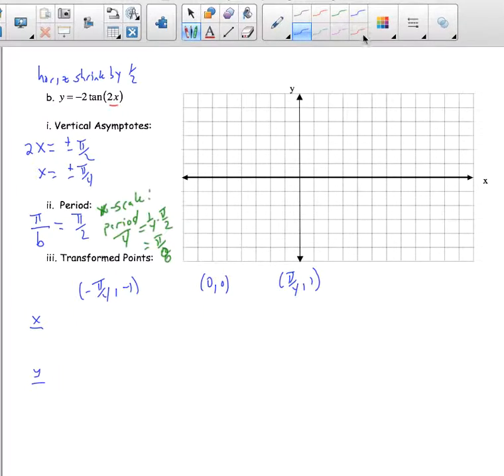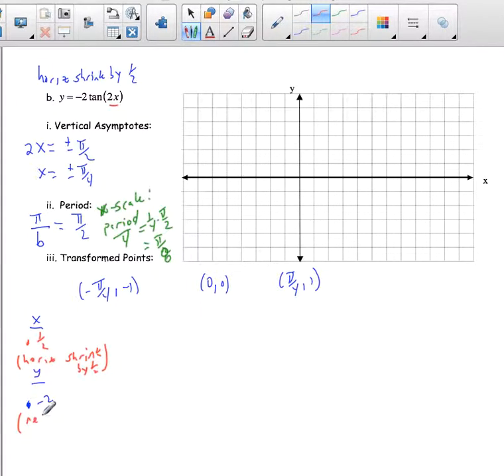And let's see what's happening to x values. X values are going to be multiplied by 1/2. And if we think about transformations, this is a horizontal shrink by 1/2. And y values are going to be multiplied by -2. And we have two transformations that are going on here.